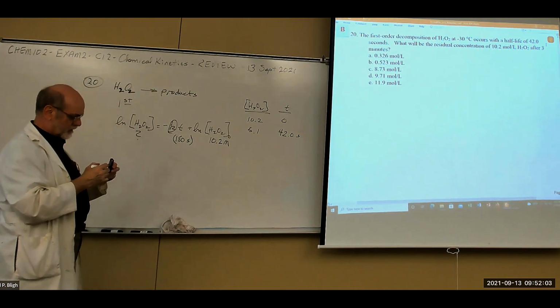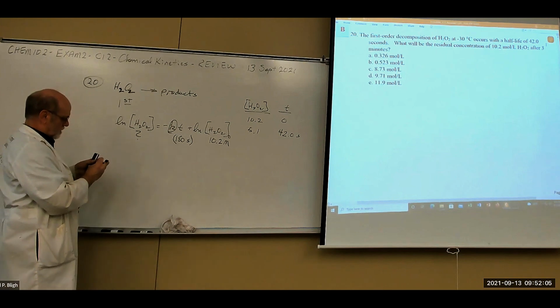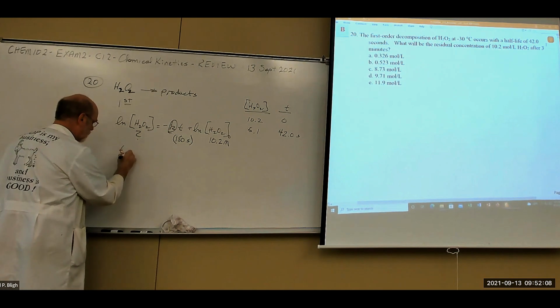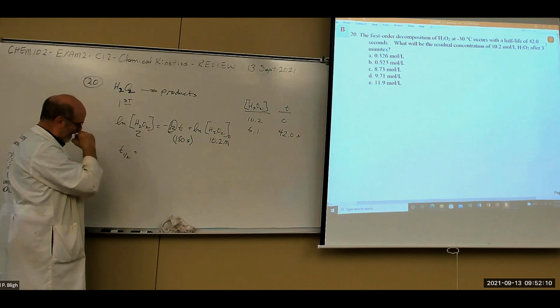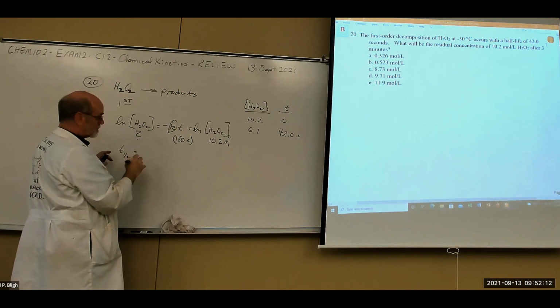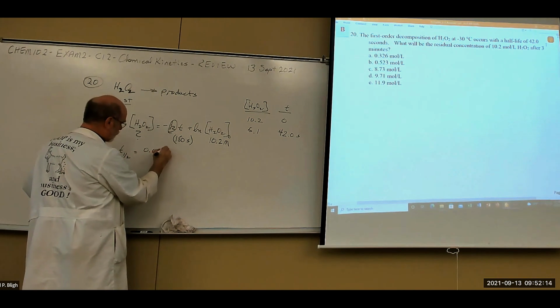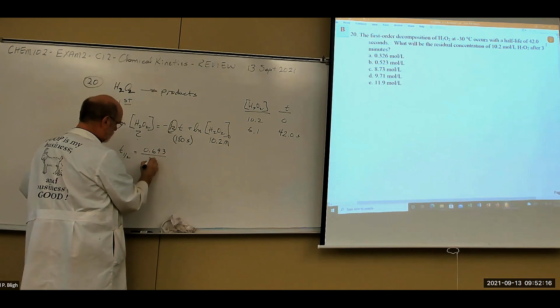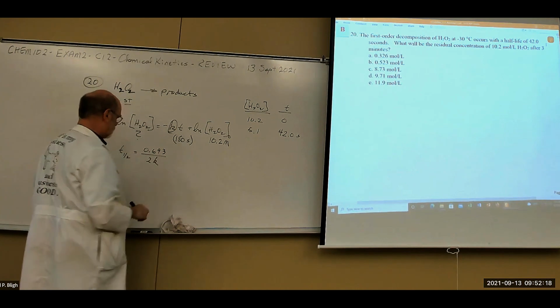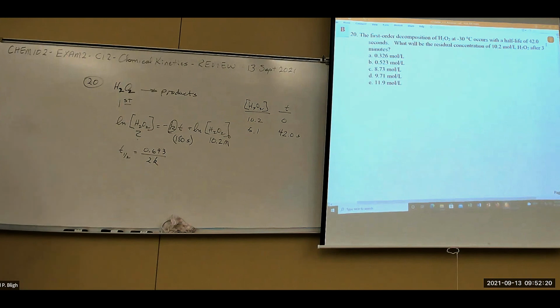And k says that the half-life is equal to 0.693 over 2k, correct? Is that right? No, it's just over k, excuse me. Just over k.